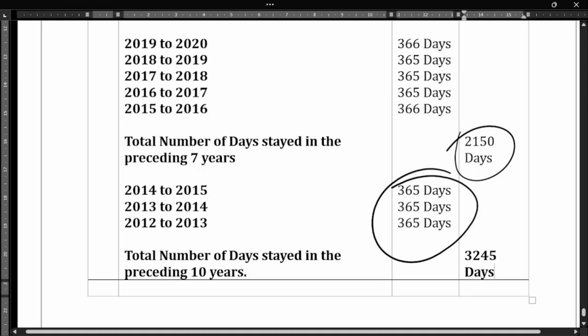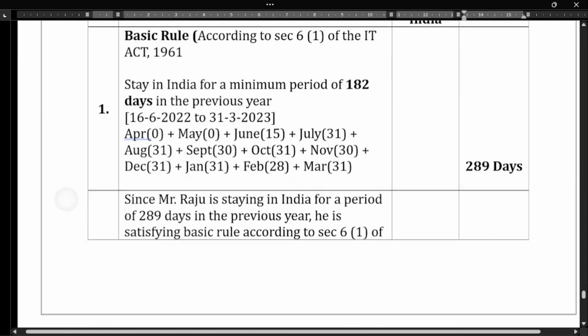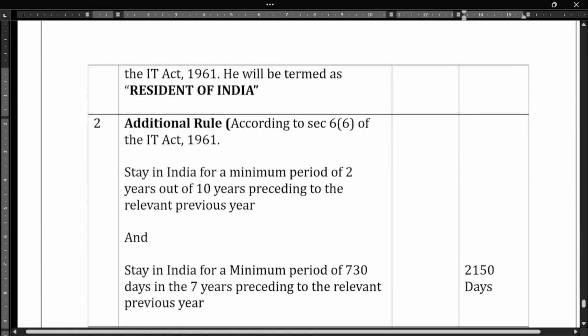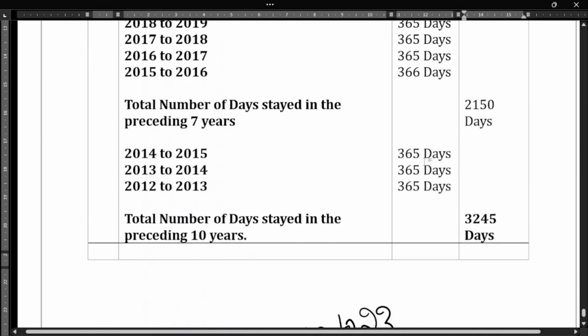So in the whole 10 years he was there in India for that many days. 3245 days. So he is satisfying both the additional conditions.